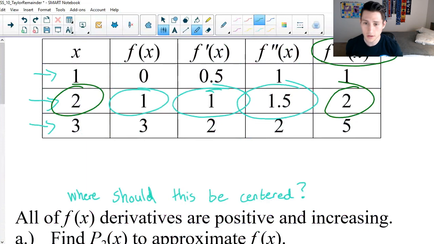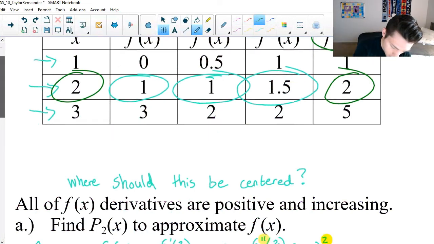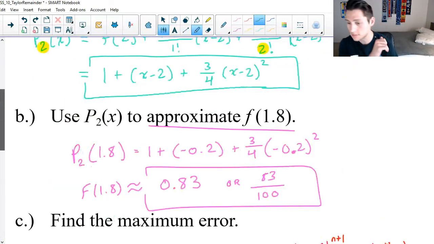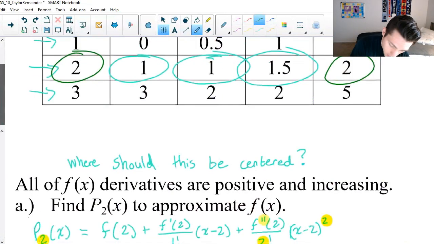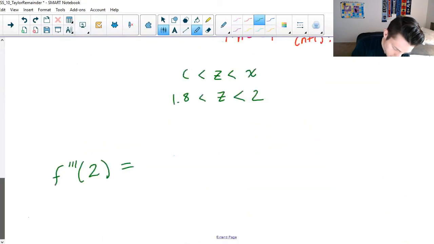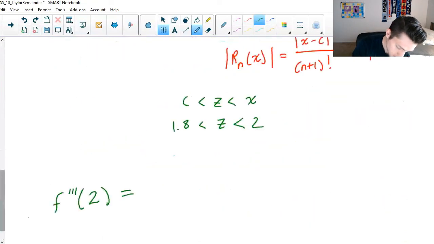So I really don't even need to do speculation when I plug in. I just know it's already that maximum, no, sorry. The actual value of the third derivative at 2 is 2. So I can just use this for my maximum. Let's go ahead and erase this part.